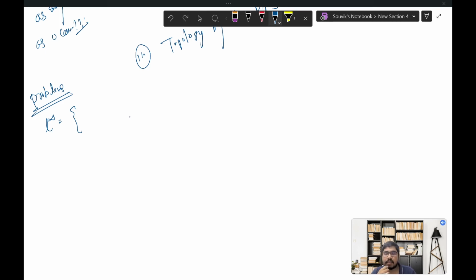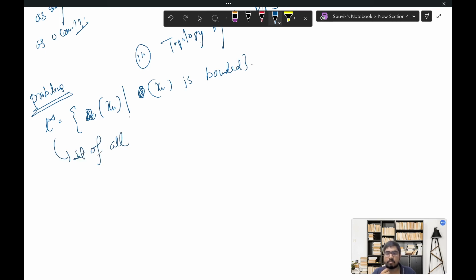So consider l infinity. l infinity means the set of all sequences xn such that xn is bounded, that is, the set of all bounded sequences.